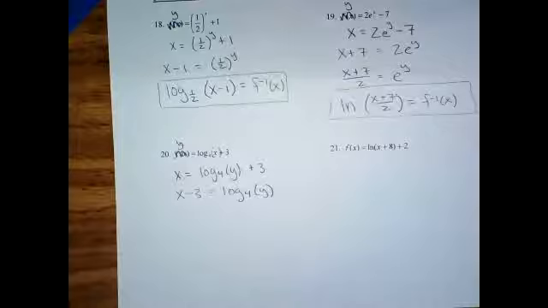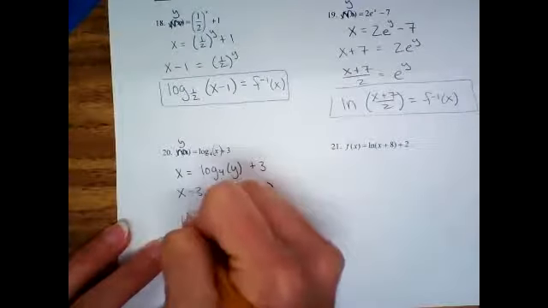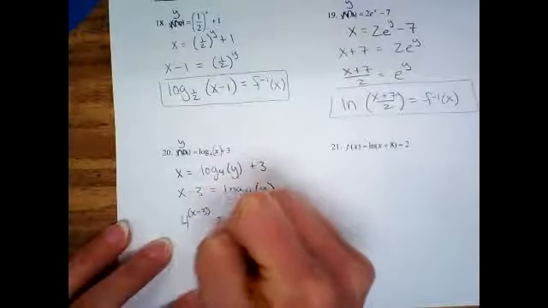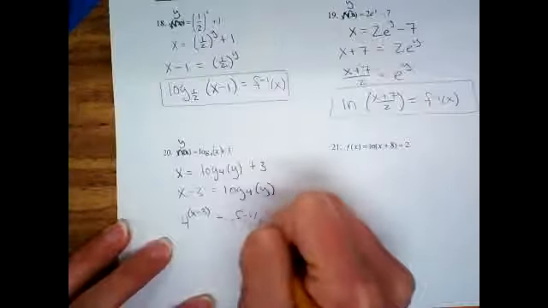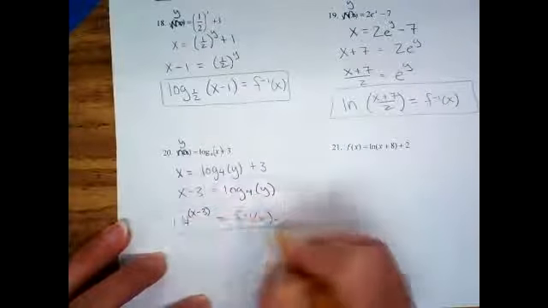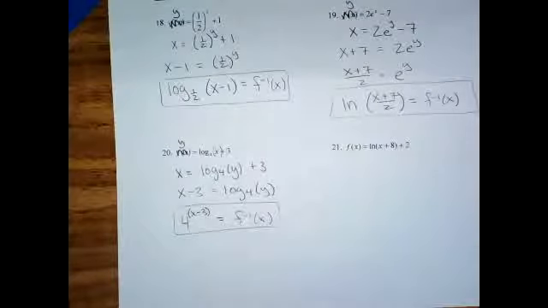What is the base number there, guys? 4. It is 4 to the power x minus 3 equals y. I'm going to write inverse instead of y. So it's 4 to the power x minus 3 equals inverse, and that's your inverse.